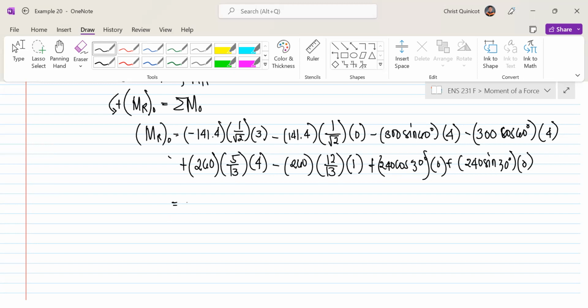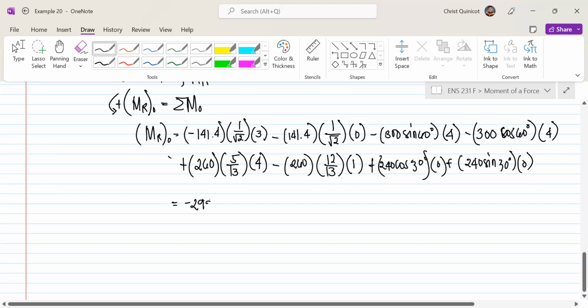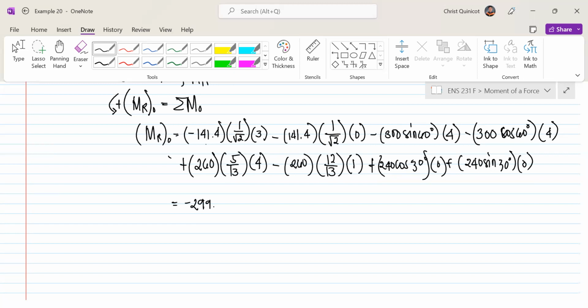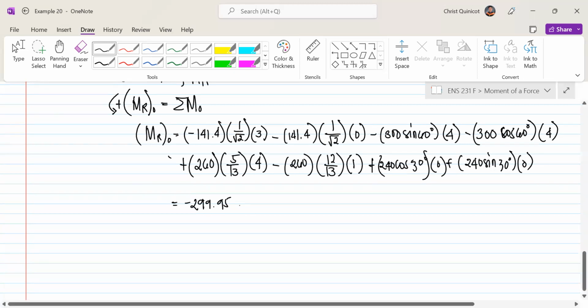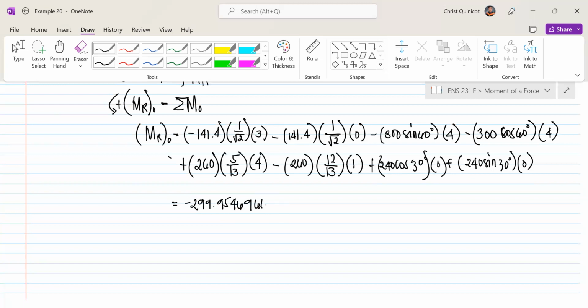So that's negative 299.9546. Then minus 300 sine 60, which is 100 sine 60 times 4.